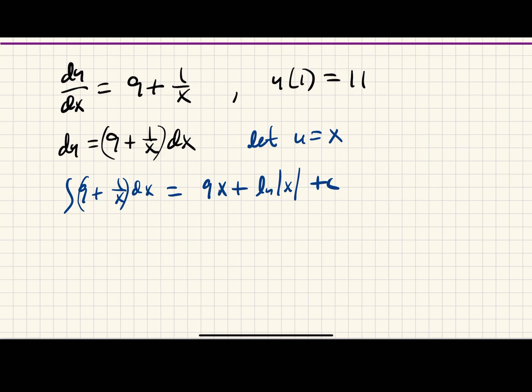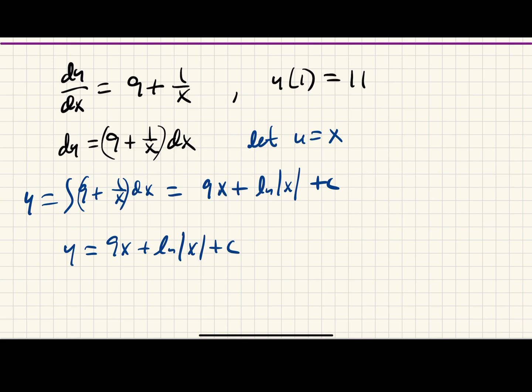Okay, so now y is equal to this, right? So y is equal to 9x plus the natural log of the absolute value of x plus c. But what I know is that if x is 1, then y is 11. So I could substitute all that right here.